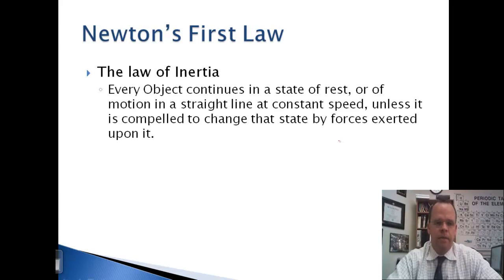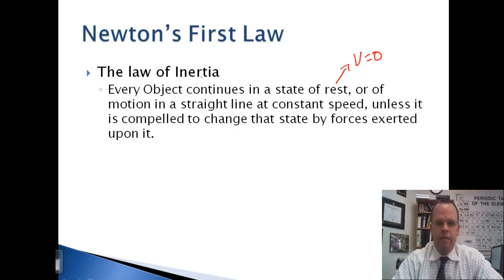Newton's first law is called the law of inertia. It states that every object continues in a state of rest, being zero velocity. So think of rest always as velocity equals zero, or in a straight line at a constant speed.